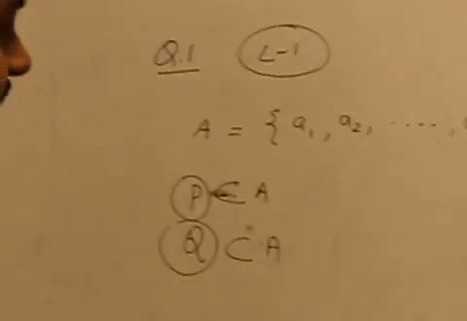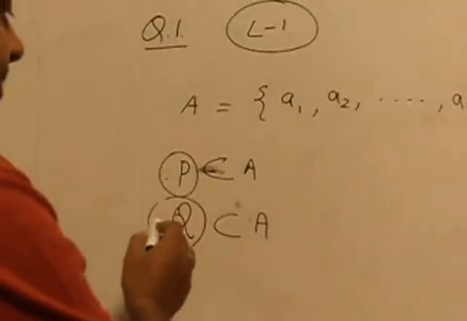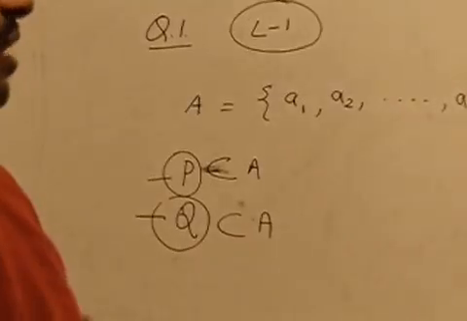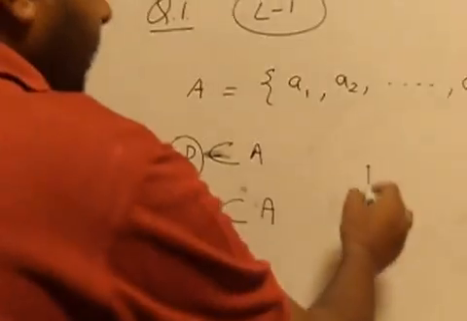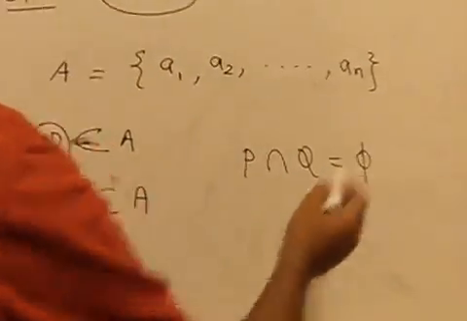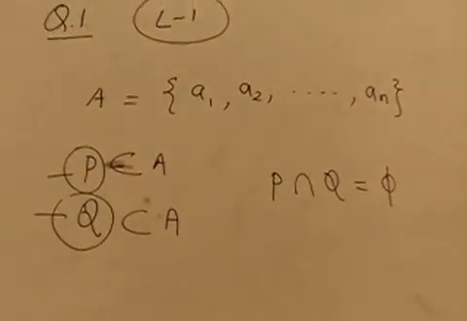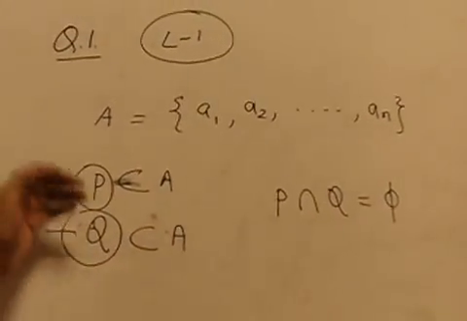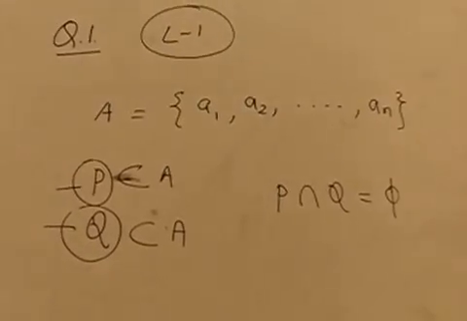The question is, in how many ways can these subsets P and Q be formed so that P intersection Q equals the empty set? It means none of the elements is common between these two subsets of A, right?